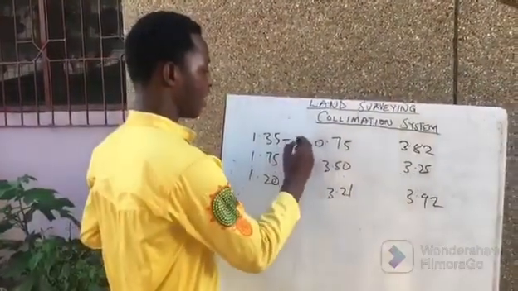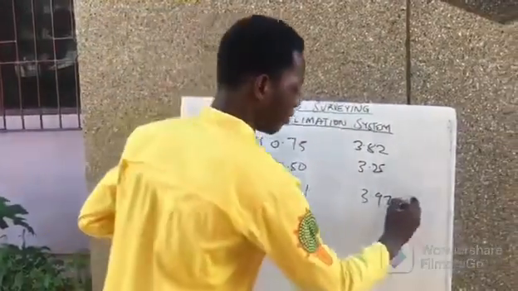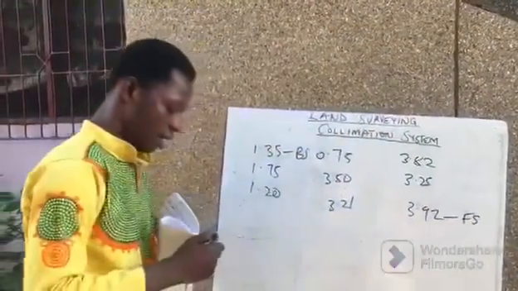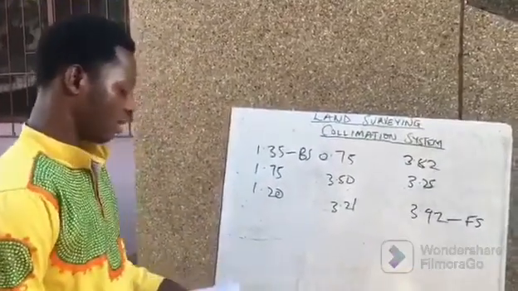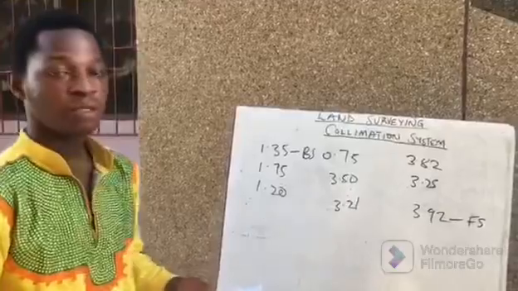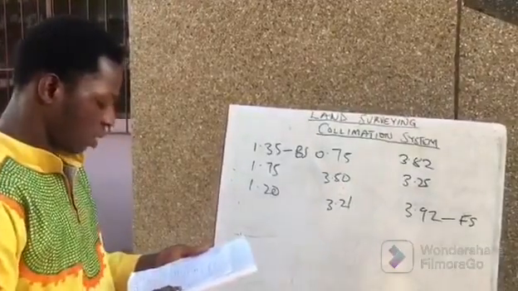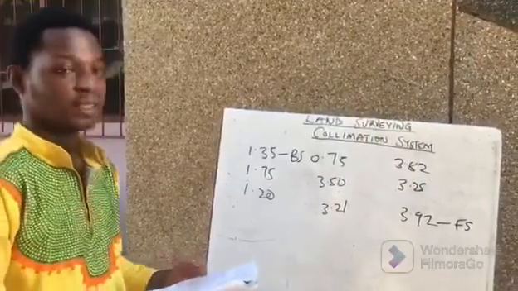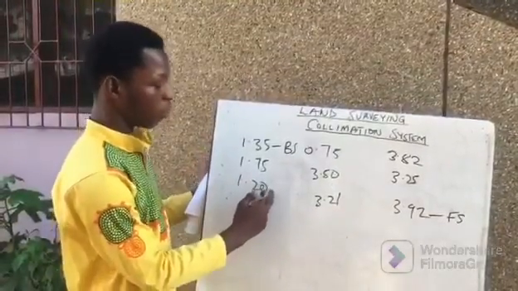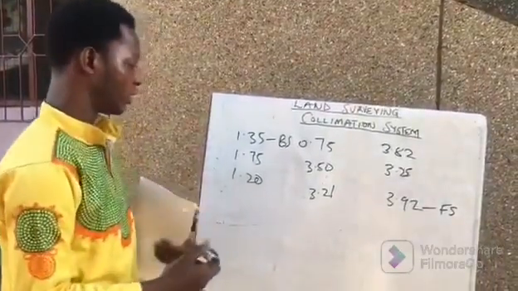Again, the question says the instrument was changed after the third and sixth readings. So after the third reading, which is 1.2, the instrument was changed.